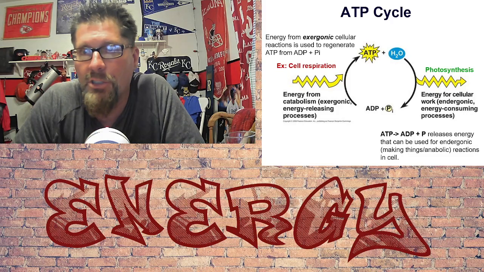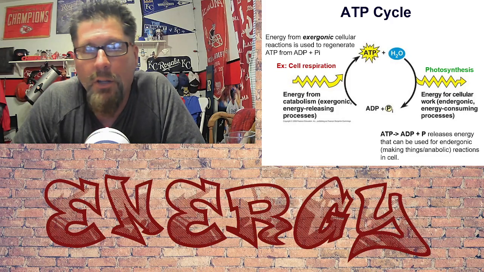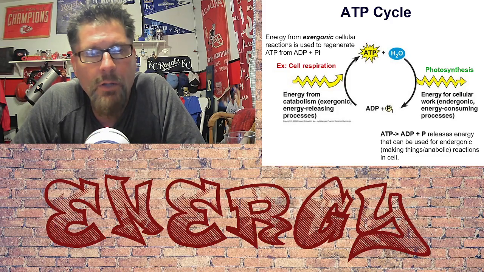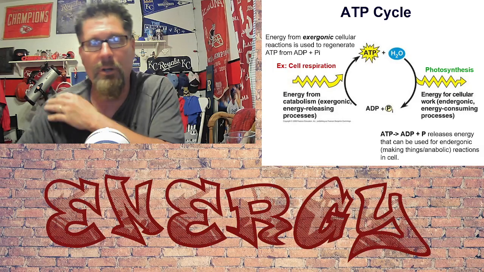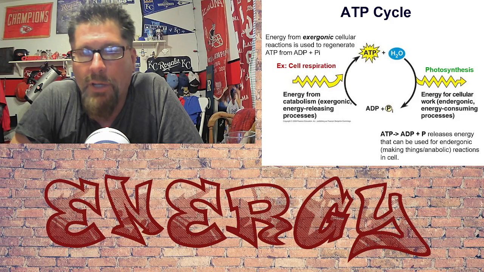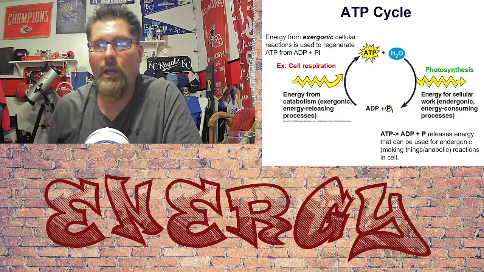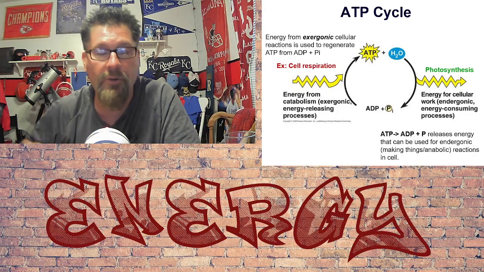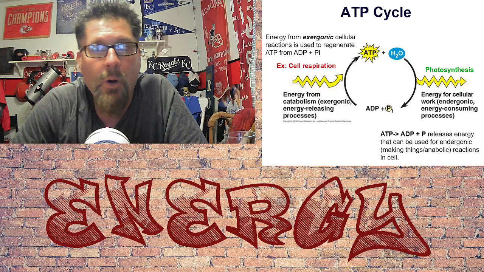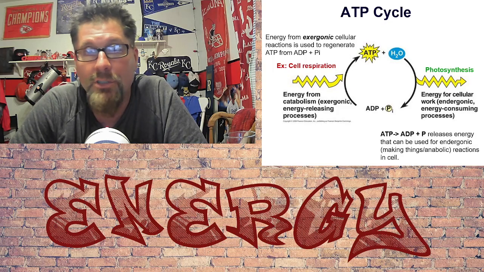But in this one, you can see the cycle. And again, there's no notes at the bottom to write down, but you would want to capture the information from the diagram beside me here. But you've got the ATP molecule, and it gets broken apart. It gets built in photosynthesis. It doesn't matter where you start on that diagram. It's just a cycle.